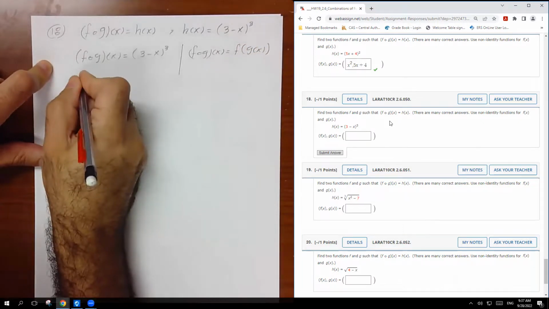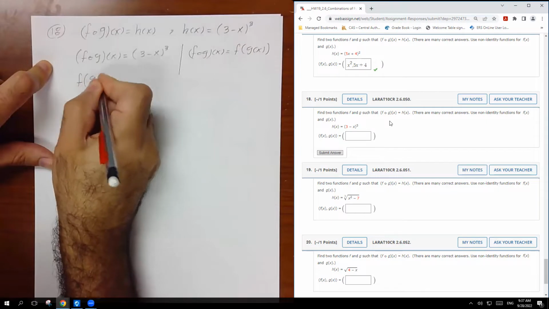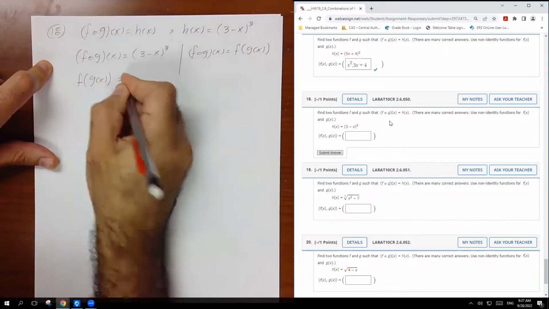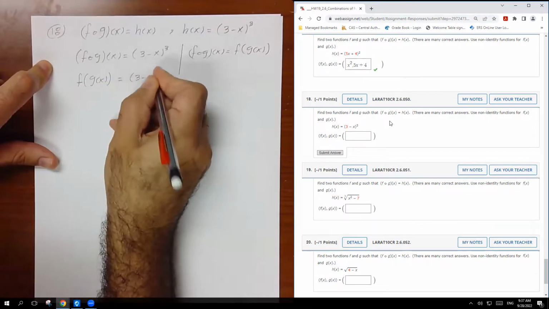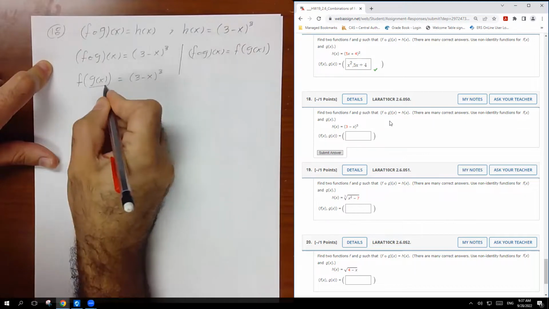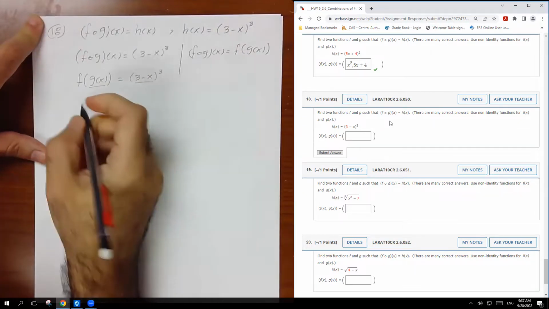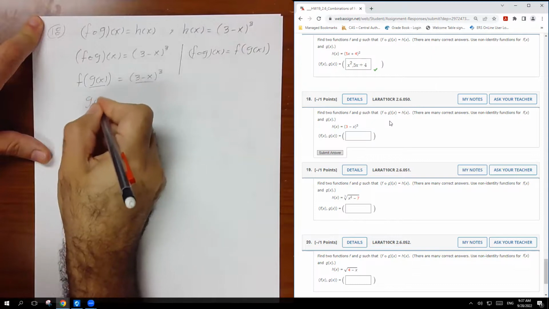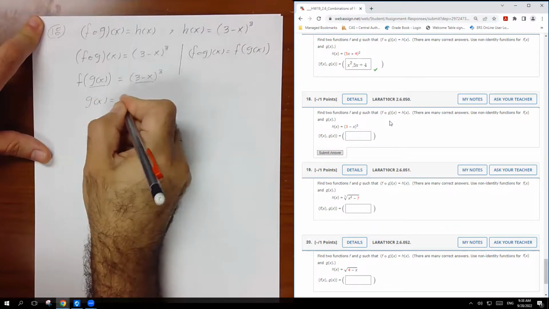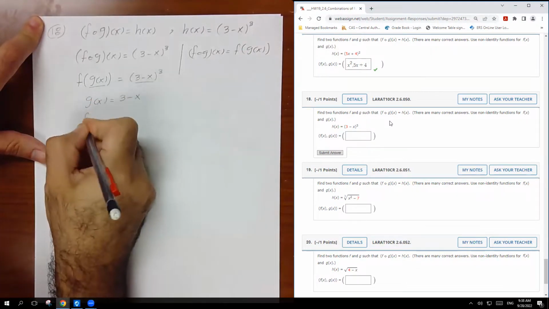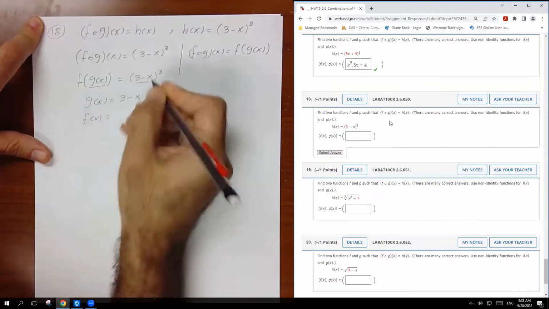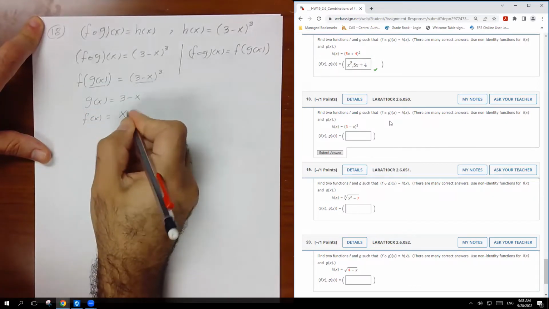That means f of g of x equals 3 minus x cubed. So g of x equals anything inside. That means g of x is going to be 3 minus x. So f of x is going to be the outside, which is the cubed. So I'm going to put x cubed.